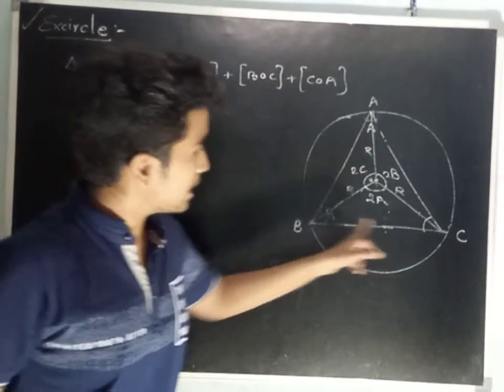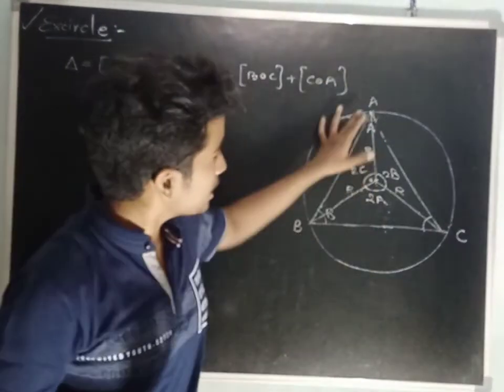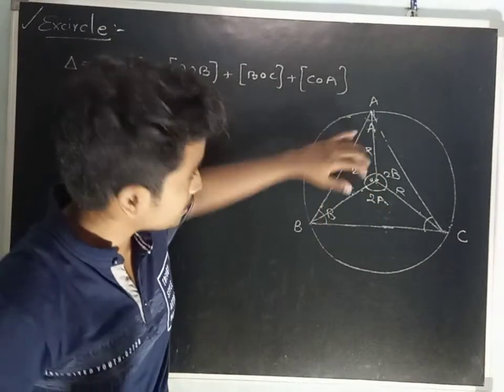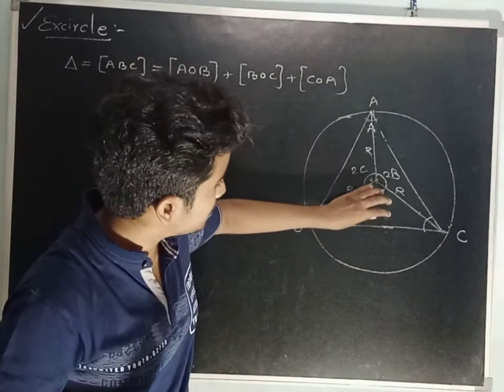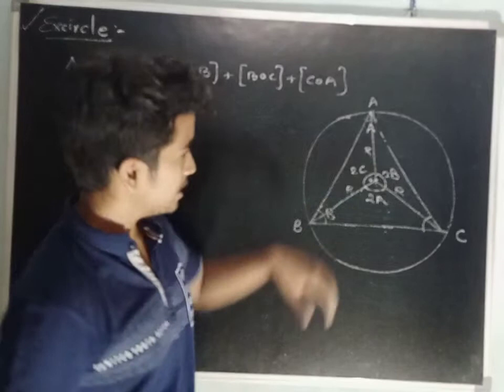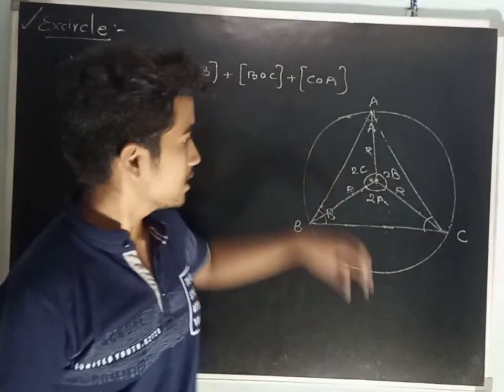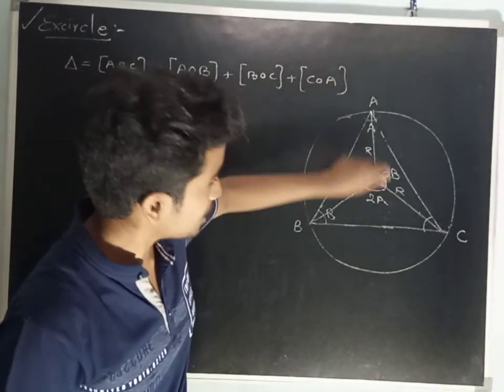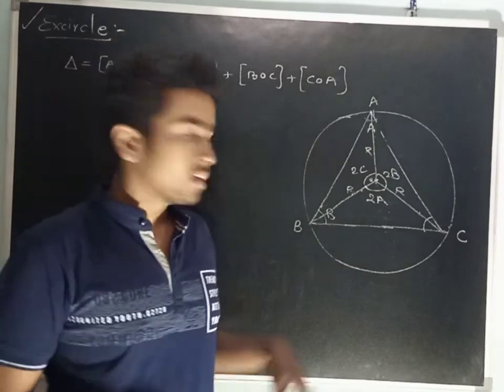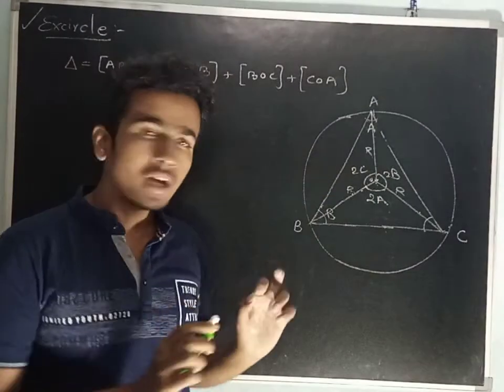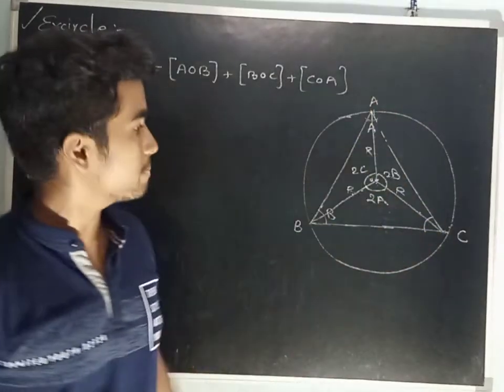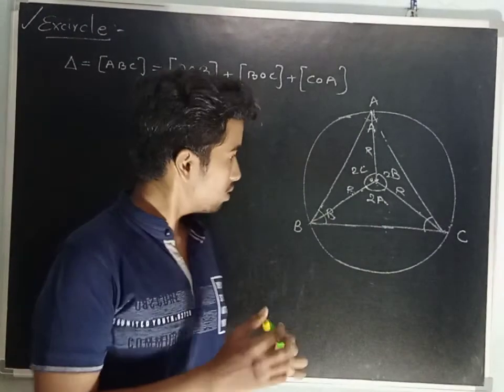Area of triangle ABC is nothing but area of triangle AOB, this part, plus area of triangle BOC, this part, plus area of triangle COA, this part. Adding these three, we are going to get the area of this whole triangle ABC. Okay?